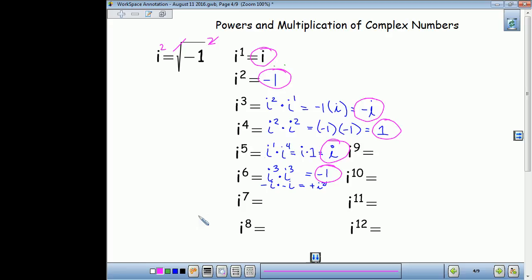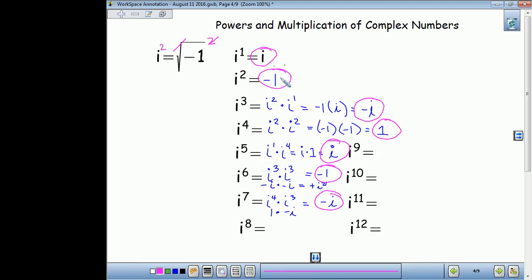What do you think? There's a pattern. What would i to the 7th be? Okay, we have some conflicting answers, so let's break it up. How about i to the 4th times i to the 3rd? i to the 4th is 1, i to the 3rd is -i, so it's -i.